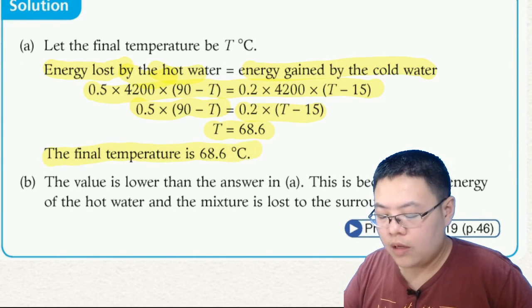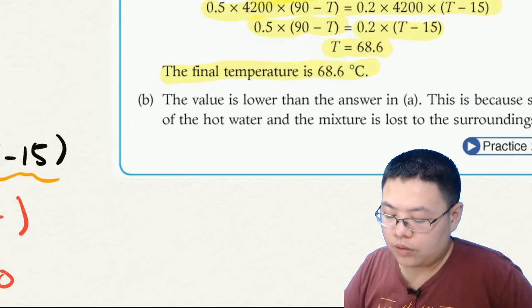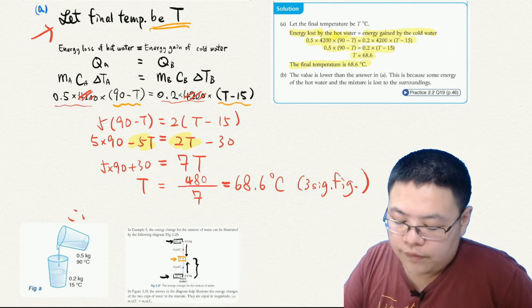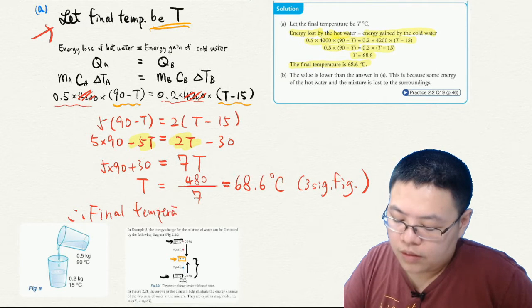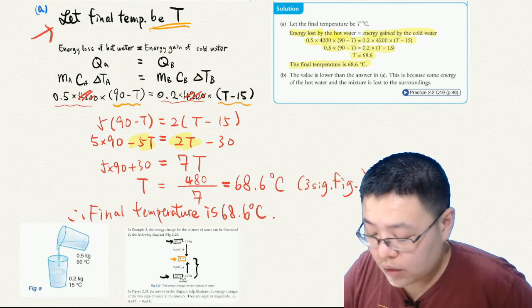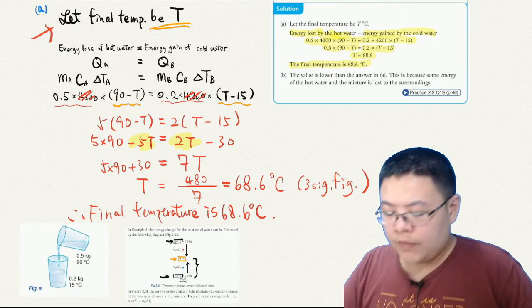Finally, you have to write a sentence to conclude, because you have let T be the final temperature. Therefore the final temperature is 68.6 degrees Celsius. Full stop. Then this is part A.